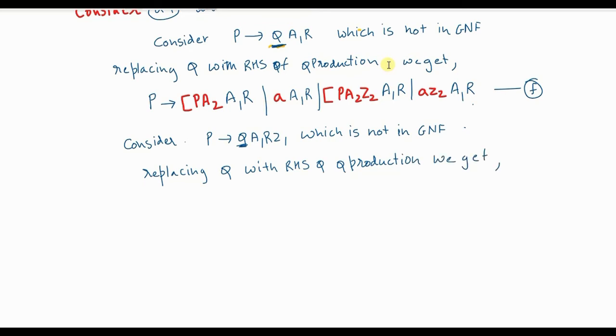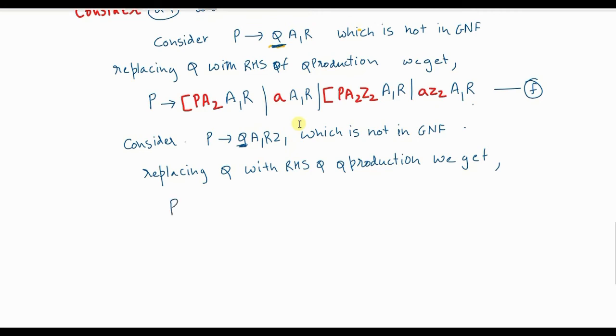Now please notice whatever I have written in red color over here, they were actually the right hand side terms of the Q production. So in place of Q, each of these terms in red mark will be written and appended with A1RZ1.